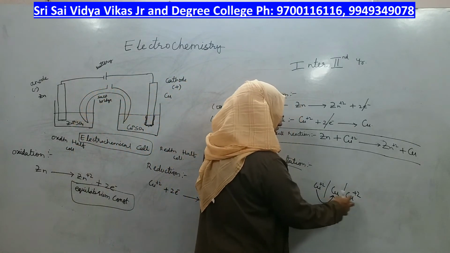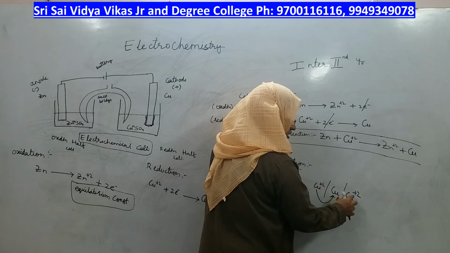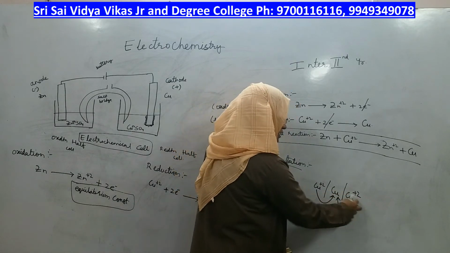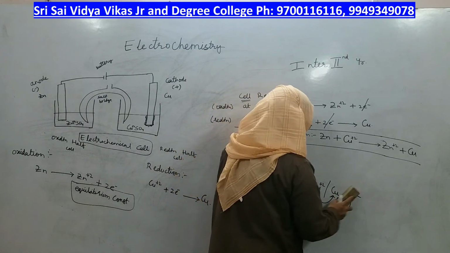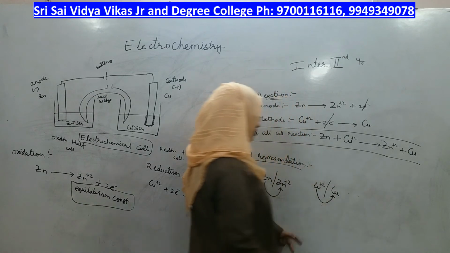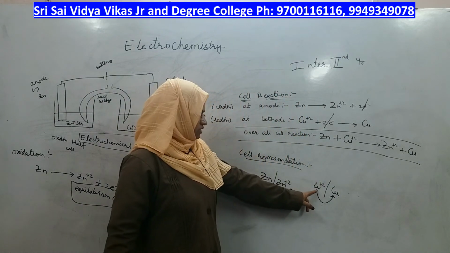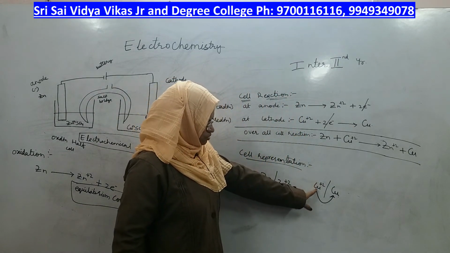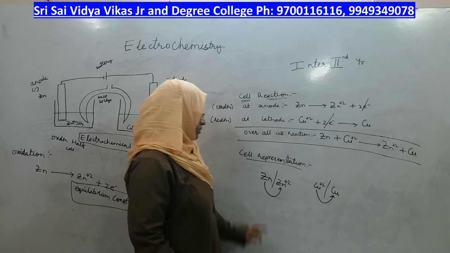The first reactant should come and then the product should come. This is the reactant and this is the product. Therefore, for cathode this should be correct, which is copper +2 is reduced to copper.